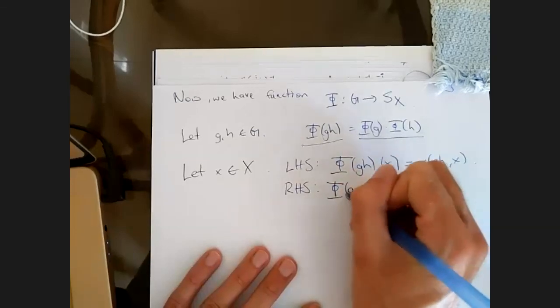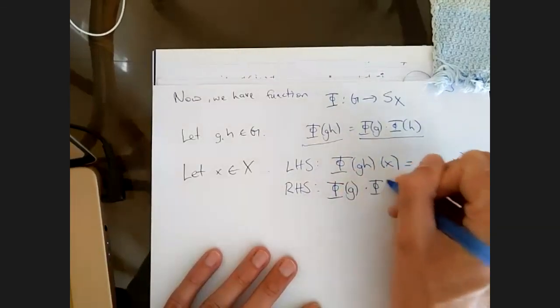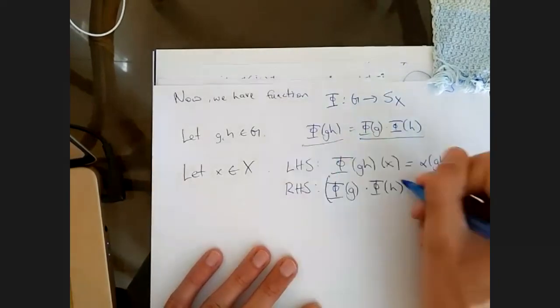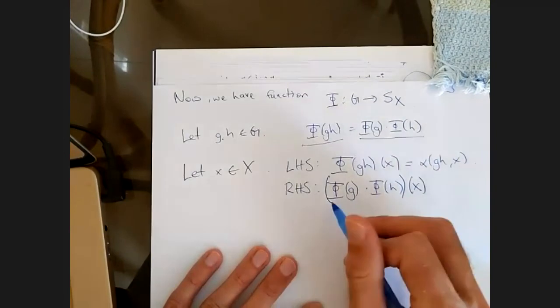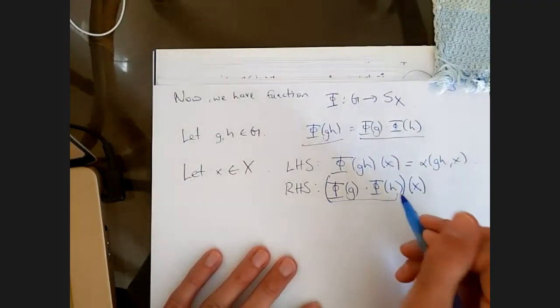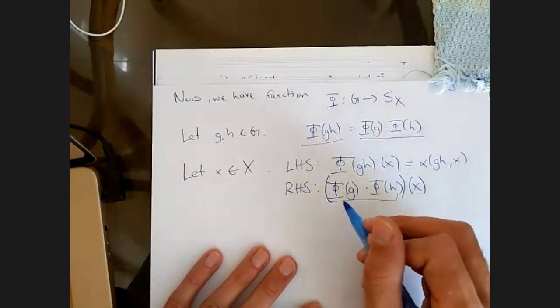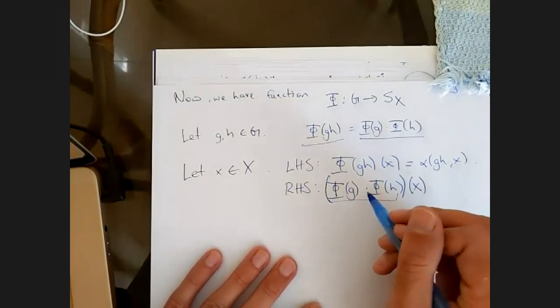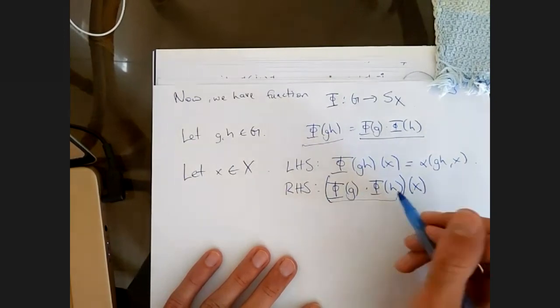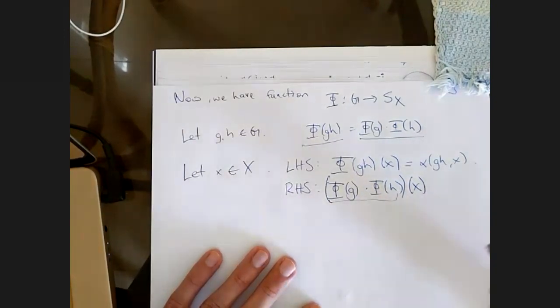Well, phi g times phi h applied to x. Here, this is the product of two permutations, and we multiply permutations by composing, right?